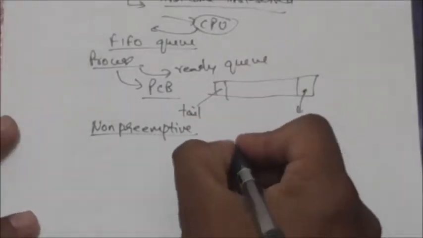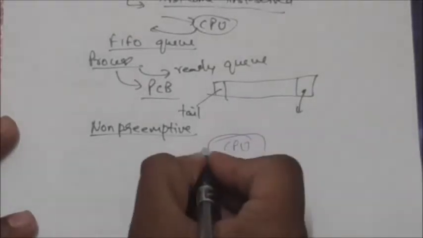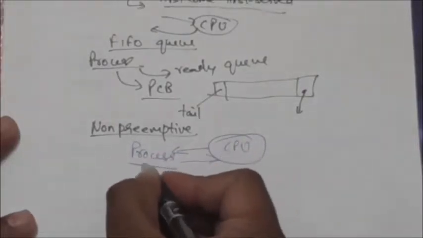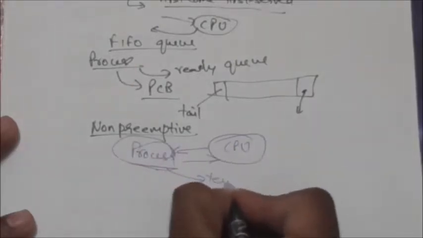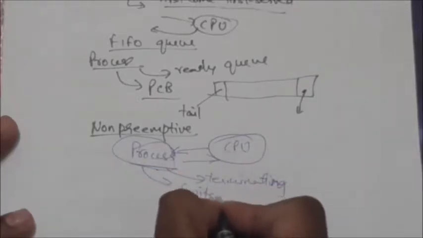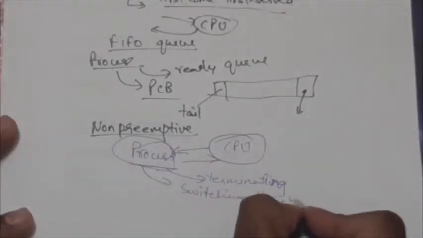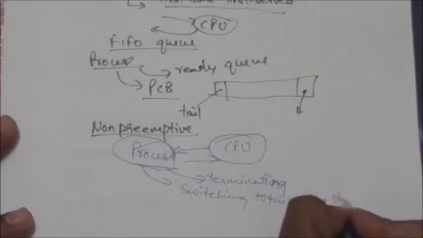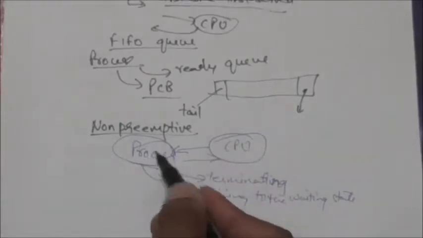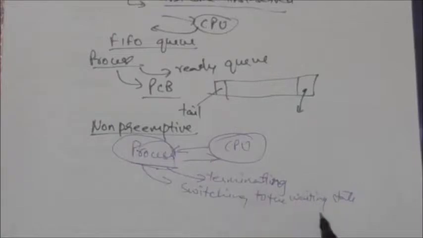In this case, once the CPU is assigned to a process, the process will keep the CPU until it releases the CPU, either by terminating or by switching to the waiting state.